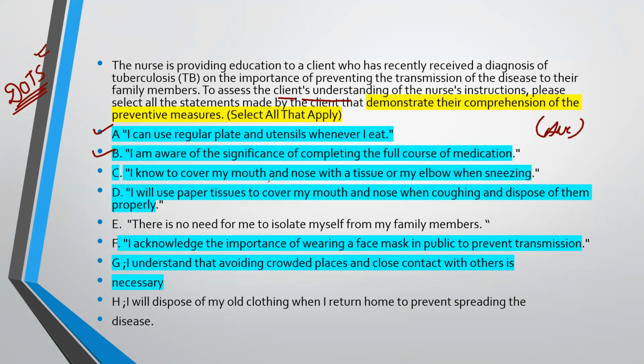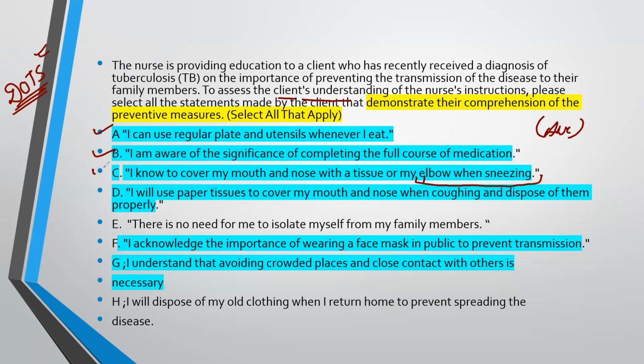C, I know to cover my mouth and nose with a tissue or my elbow when sneezing. I have explained earlier that a client can use the elbow or cover the mouth or nose with any tissue paper or mask to prevent the primary transmission of tuberculosis.